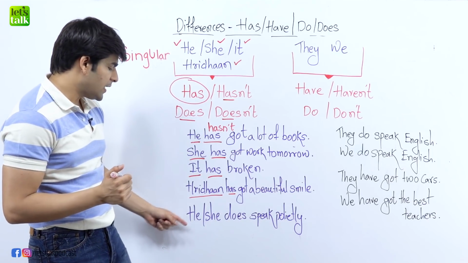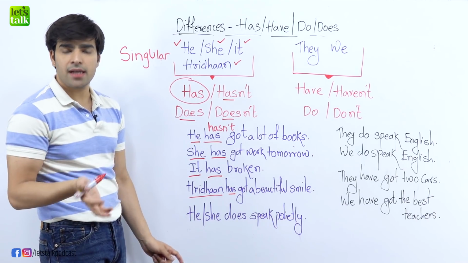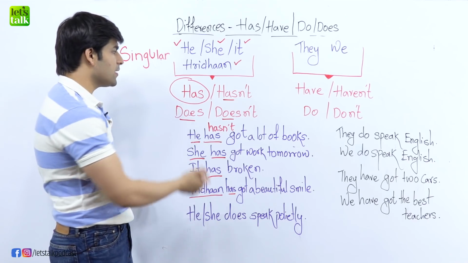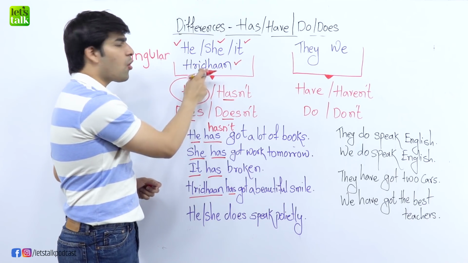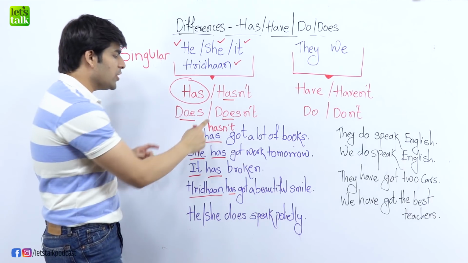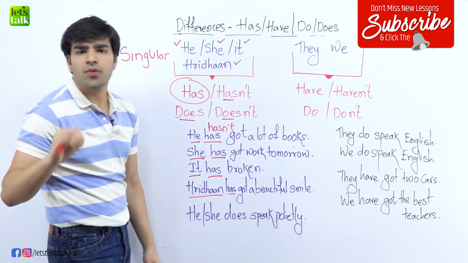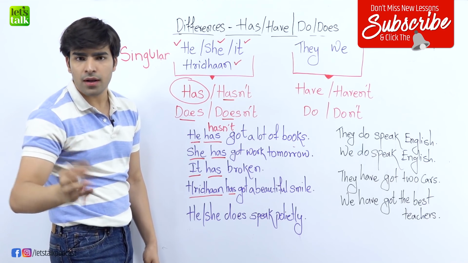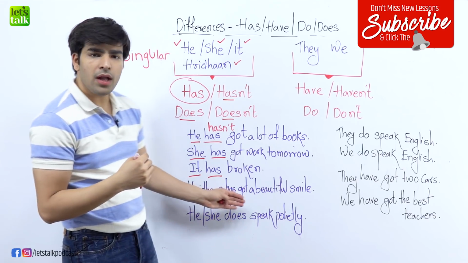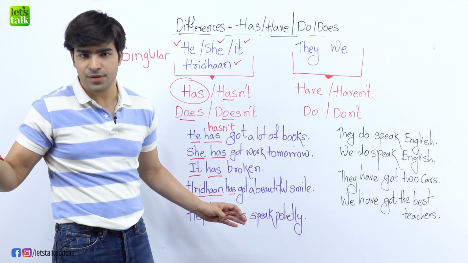Next one is he or she does speak politely. As I said to you guys in the beginning of the lesson, with he, she, it, or the name of the person, all are single in one family, we use does. So your name could be Ram or your name could be Rahul. Even if I write Ram or Rahul, I would say Ram or Rahul has a beautiful smile.